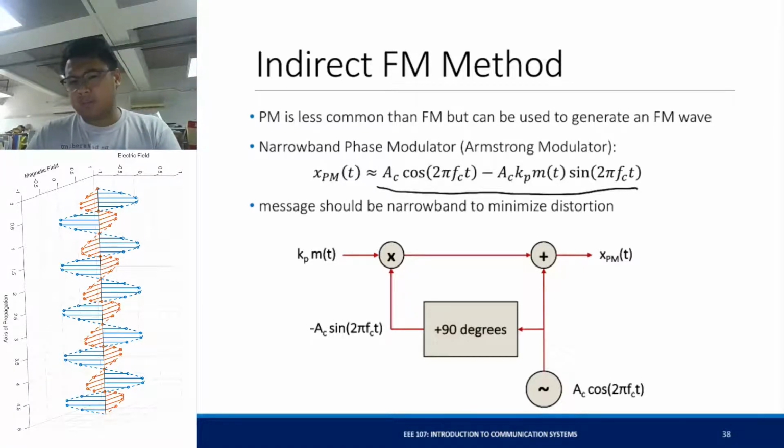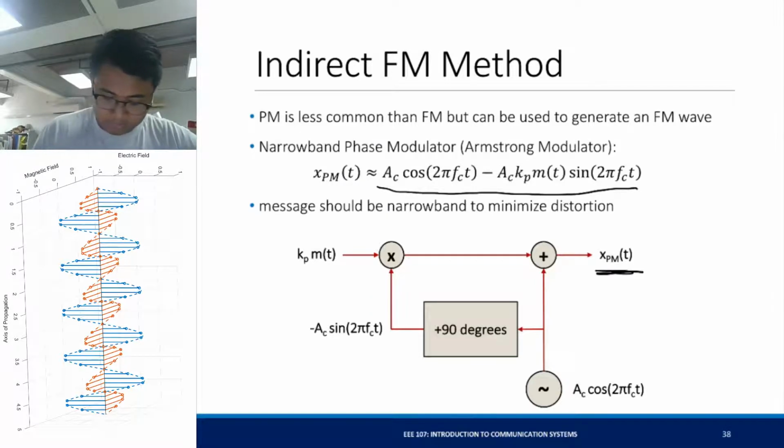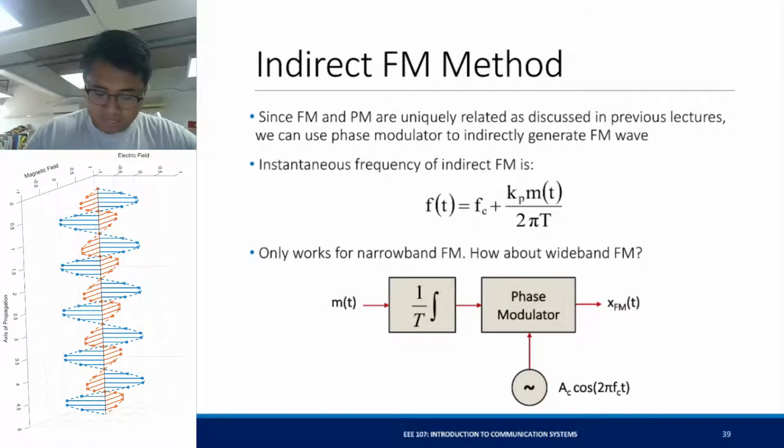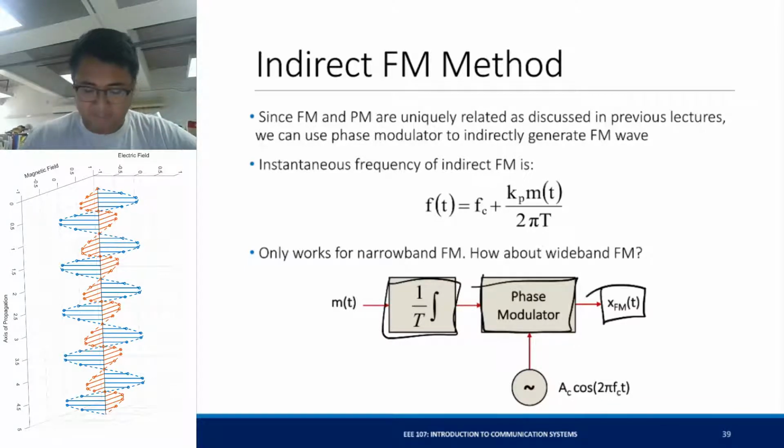There's a limitation in the indirect FM method that your message should be narrowband to minimize distortion. And with that, we use this PM signal right here and put the message in an integrator and then in a phase modulator. You have your FM signal.